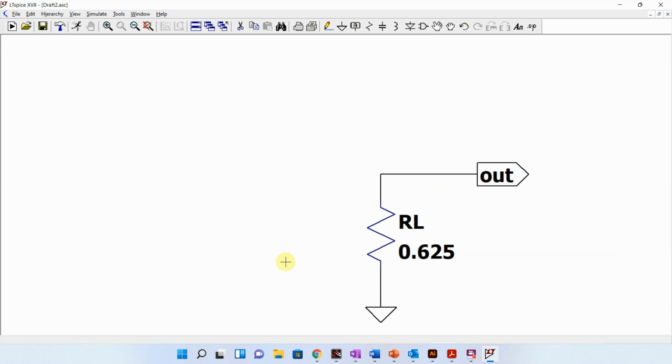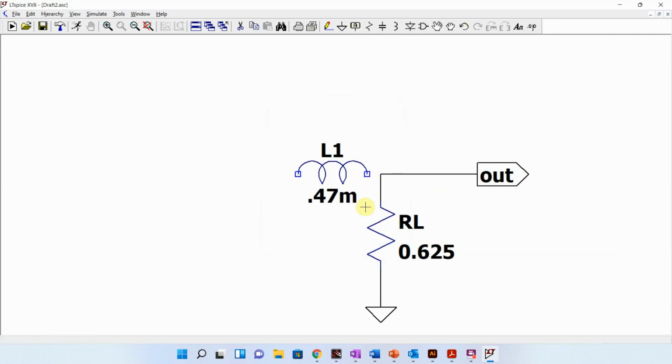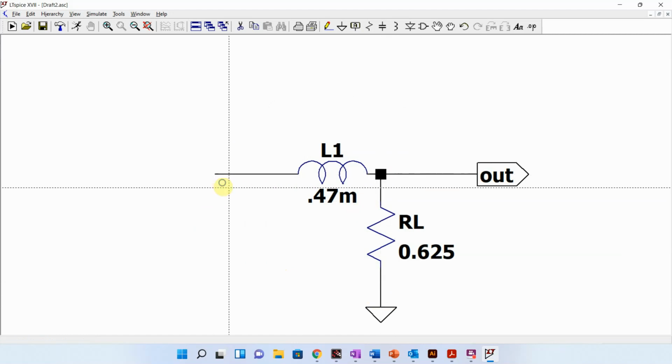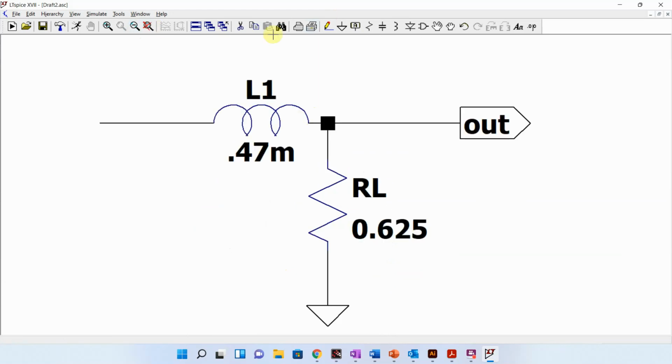Okay, and then we're going to add in our inductor. That inductor is supposed to be 0.47 millihenries. Then we're going to throw our diode on first, and it is going to have current flow this direction.